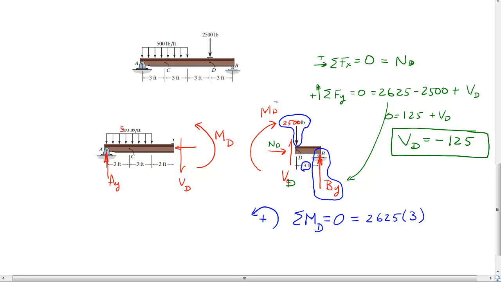Now, I have this MD drawn in the opposite direction. Well, so that means the moment at that point D is equal to 7875 foot-pounds.